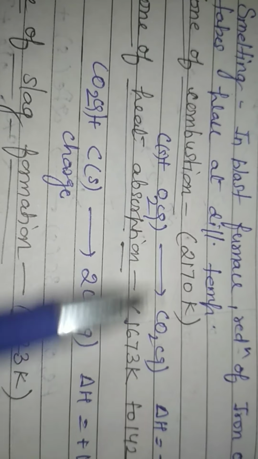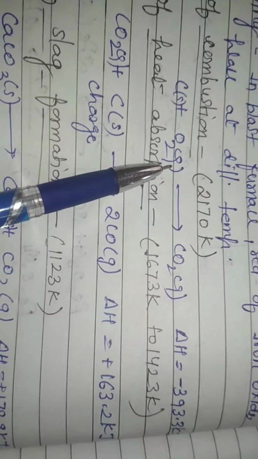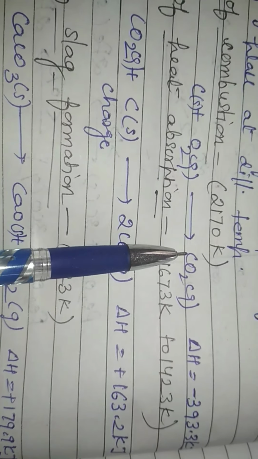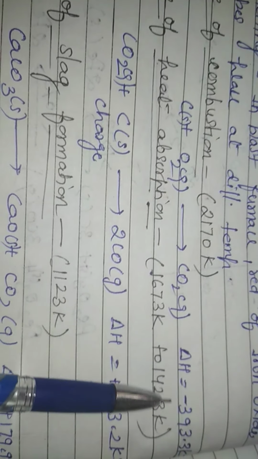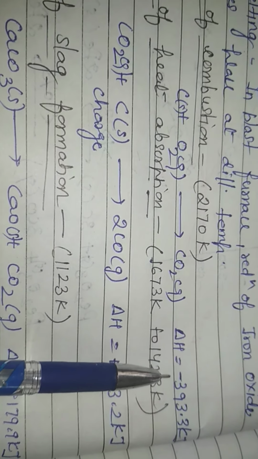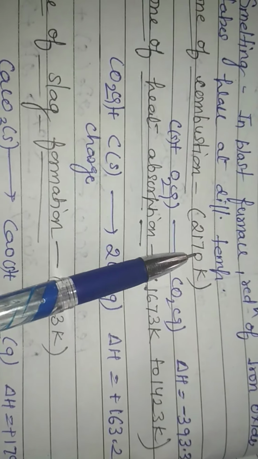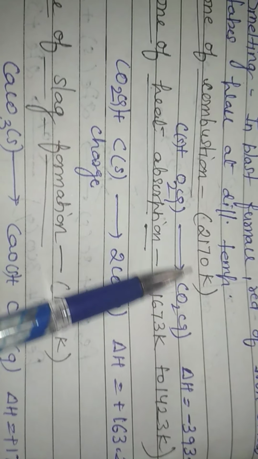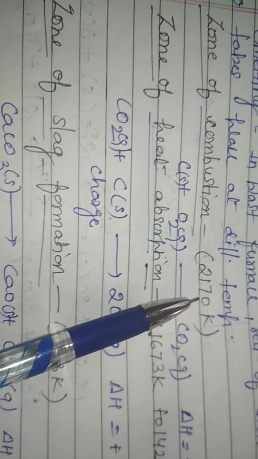The coke that we have introduced in the charge would be oxidized to form carbon dioxide, and that is a highly exothermic reaction that we are able to see with the help of the value that del H is equal to minus 393.3 kilojoule. So the temperature of 2170 Kelvin is created in this particular zone.